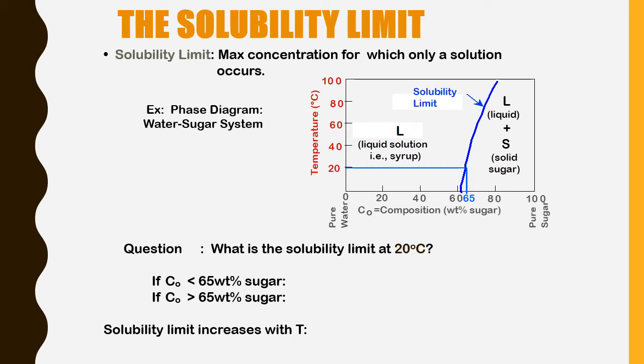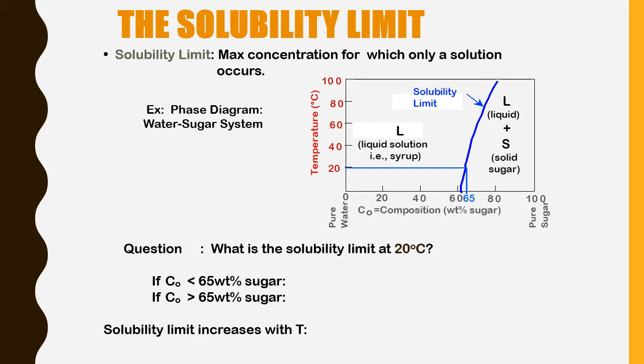This example is a water-sugar system. In this phase diagram, it shows the solubility limit of a sugar in water. Solubility limit is the maximum concentration for which only a solution can occur.